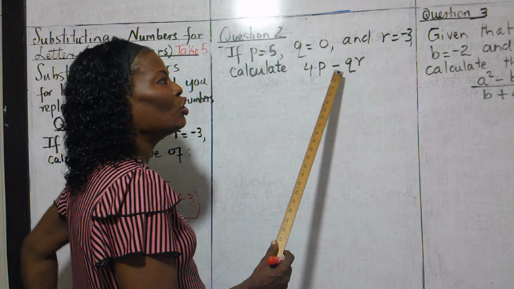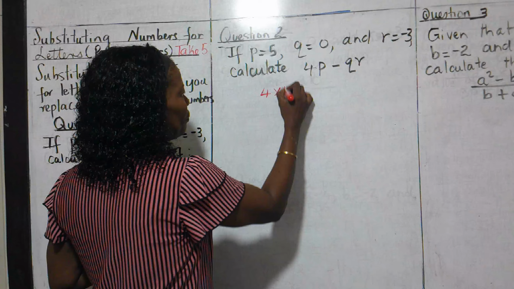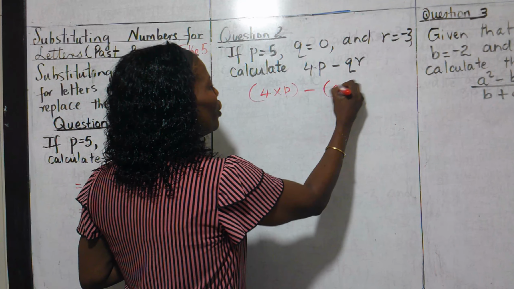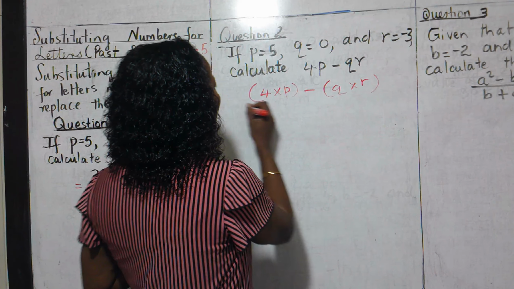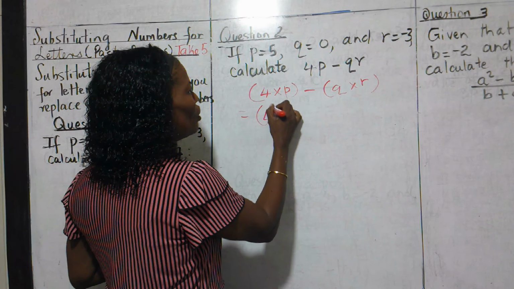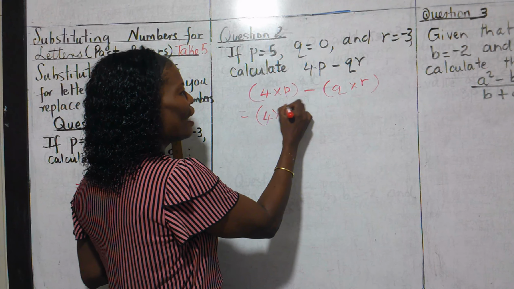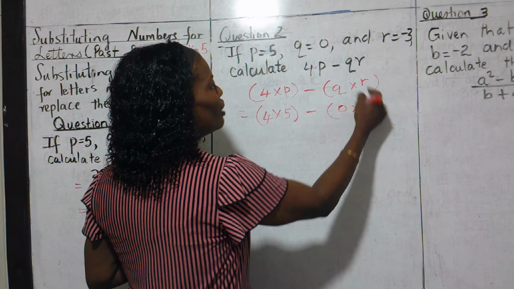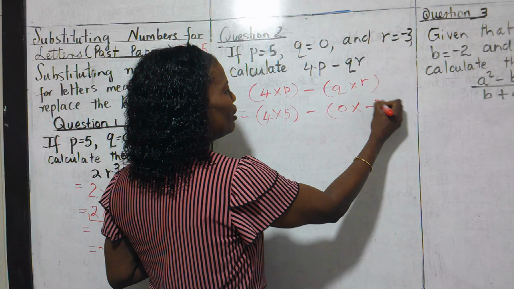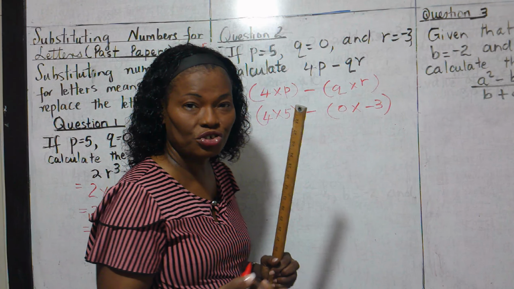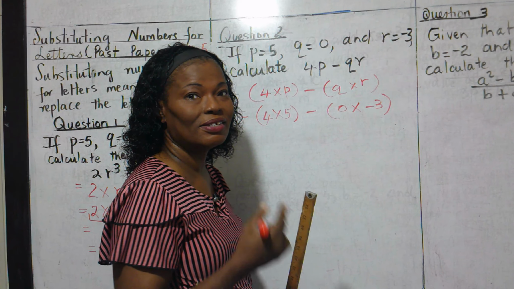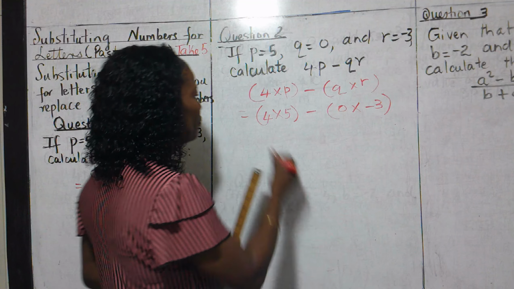That is important. 4P is a short form for 4 multiplied by P, and QR is a short form for Q multiplied by R. So now we have 4 multiplied by P, which has a value 5, minus Q, which has a value 0, and R has a value -3. So we have made the substitution, which is what today's lesson is all about. We are replacing these letters with numbers.